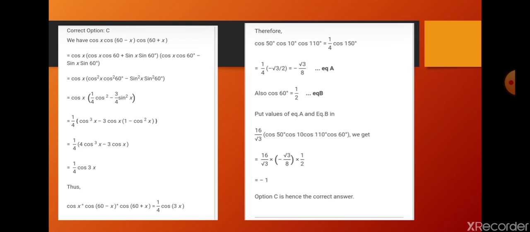of (60 plus x) equals cos x into (cos x cos 60 plus sin x sin 60) into (cos x cos 60 minus sin x sin 60), which equals cos x into (cos square x cos square 60 minus sin square x sin square 60), which equals cos x into (1 by 4 cos square x minus 3 by 4 sin square x), because the value of cos 60 is 1 by 2, hence the square is 1 by 4.